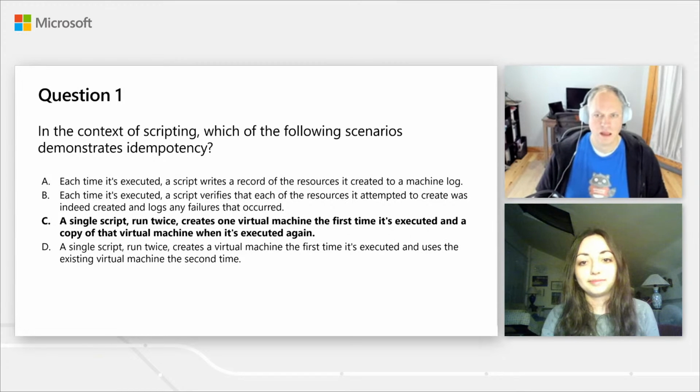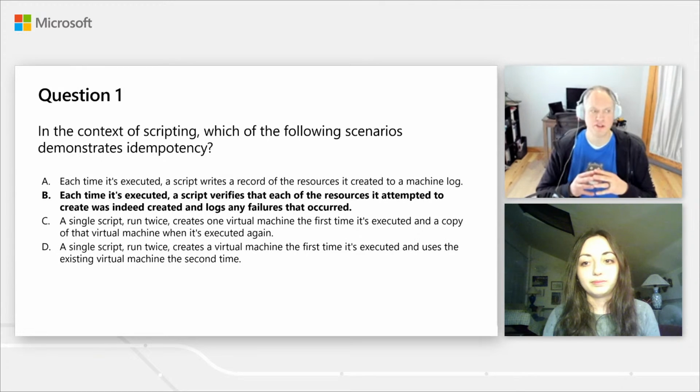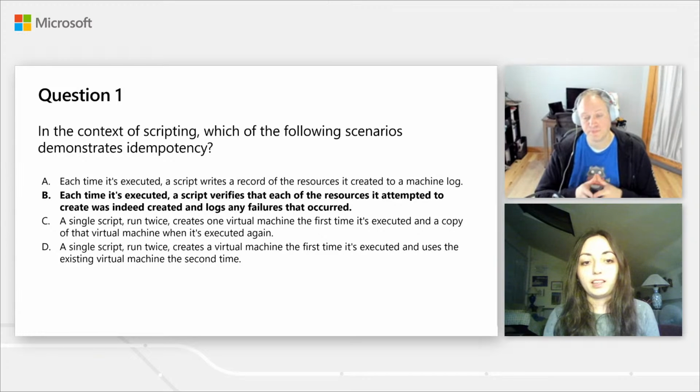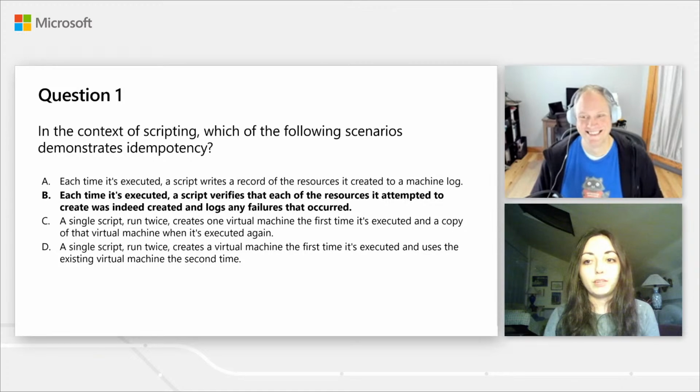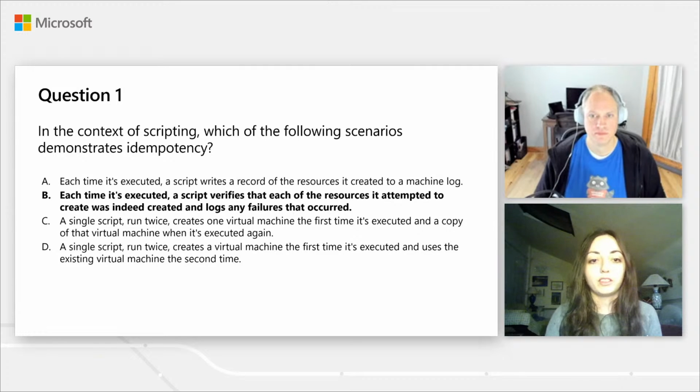Okay. Let's try, how about B, which is each time it's executed, a script verifies that each of the resources it attempted to create was indeed created and logs any failures that occurred. I don't agree with this answer because idempotency is not about recording the failures that occurred when creating resources.